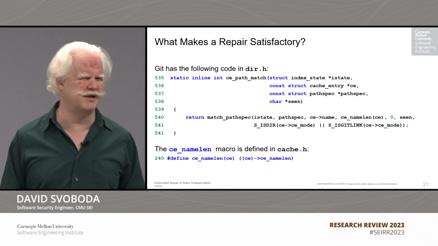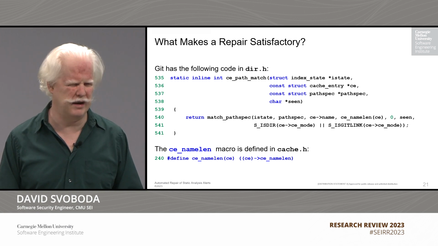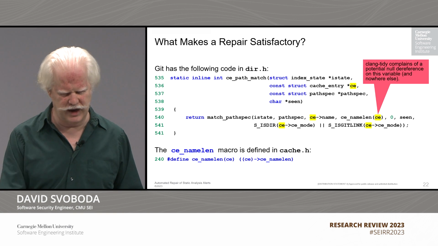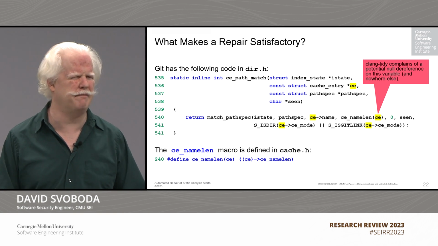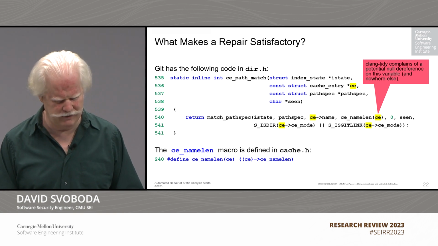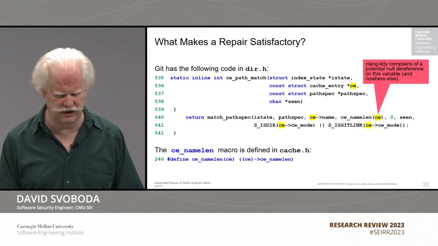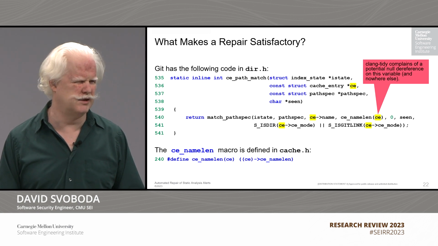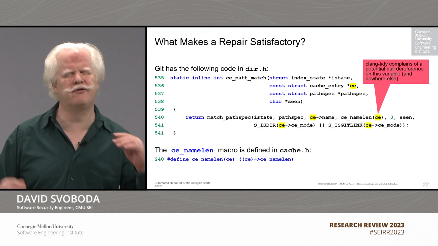What you're looking at is a single function from Git. In particular, Clang Tidy complained that the CE pointer might be null. And it complained that it might be null only in this one location, even though CE is clearly referenced several times in this code.